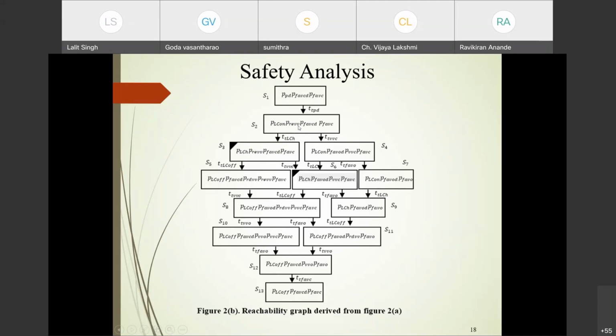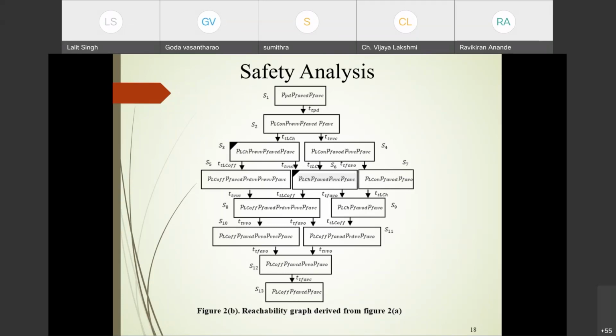And again, the situation is like S3, because these 2 transitions are in race condition, TLCH and TFAVO. So let us prioritize TFAVO so that S6 can be ignored. In this way, I can get only safe states. We can avoid the risky state.